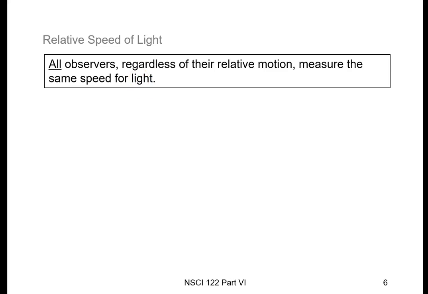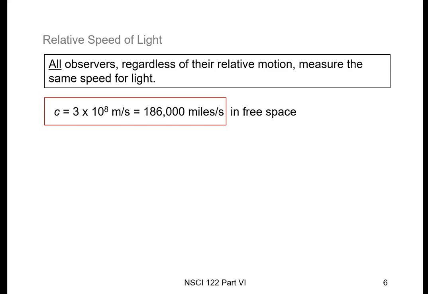Any particle, any object made out of matter, this is not true. Then you need a relativity theory to compare speeds measured by observers in relative motion. But all observers, no matter how fast they're moving with respect to each other, will measure c for light in free space. It is really strange the more you think about it.